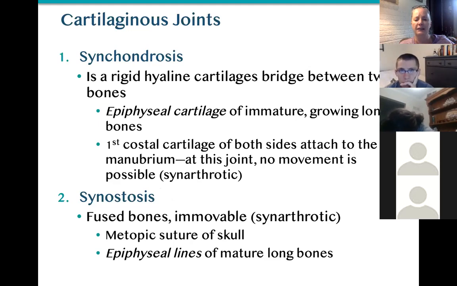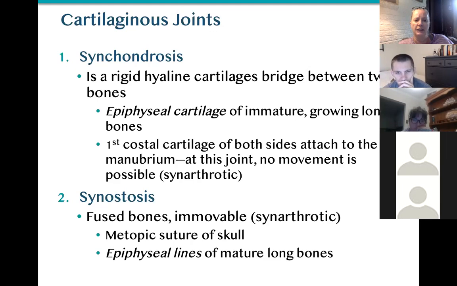And we've seen this when we looked at the bones and saw the epiphyseal cartilage laying at the end of the bone between the diaphysis, the shaft, and the epiphysis, right up here. You have that little growth plate in there, and that growth plate is initially cartilage and flexible, but it will eventually become grown over and become synarthrotic as the bone matures, okay?